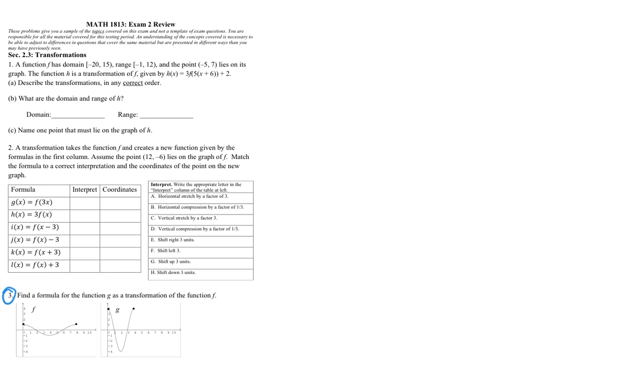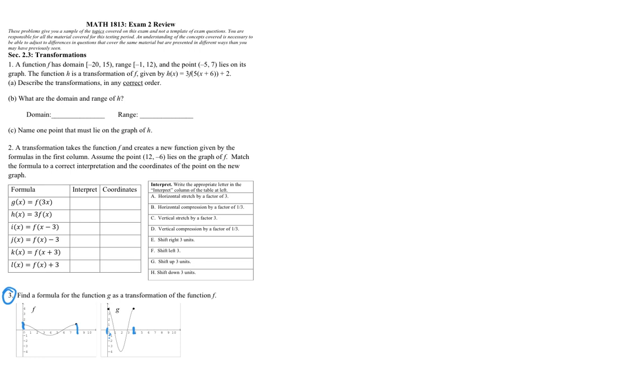Okay, so we're finding a formula for the function of g as a transformation of the function of f. So let's first look at our x-axis, our horizontal things. So originally we have our function going all the way to 8, but now our transformed function is going from 0 only to 4. So we've cut our horizontal in half, right?